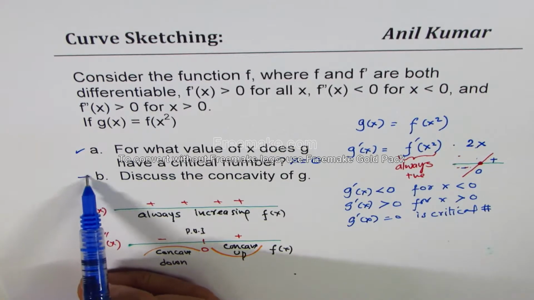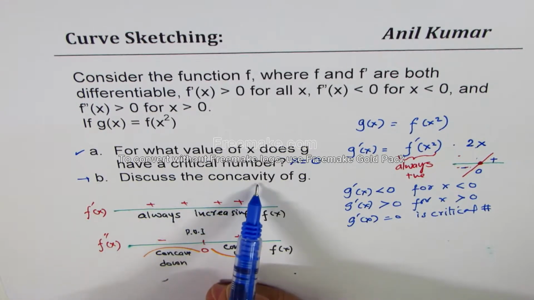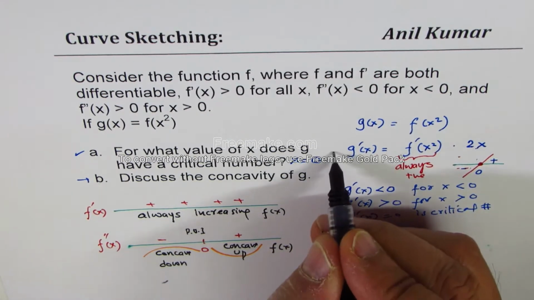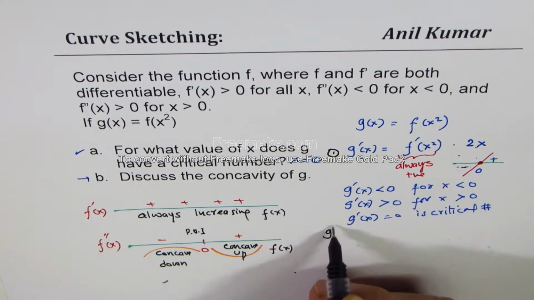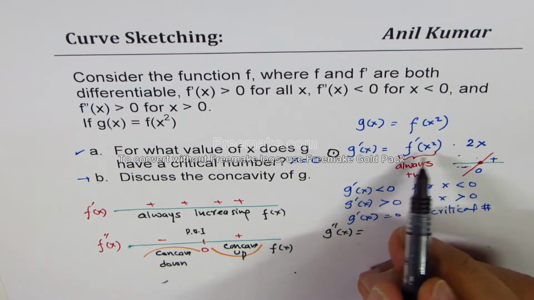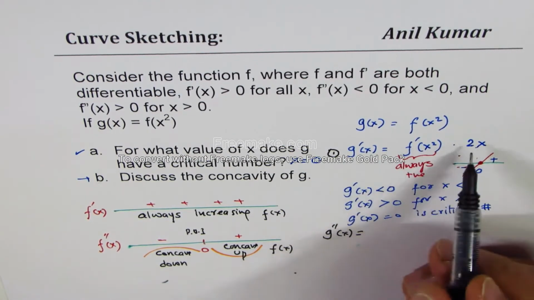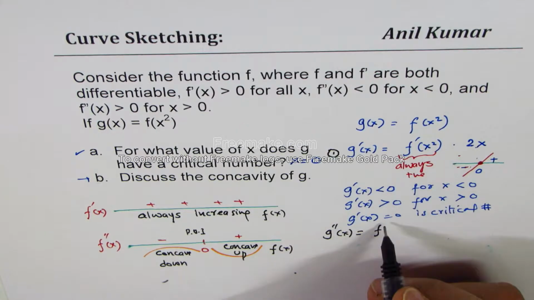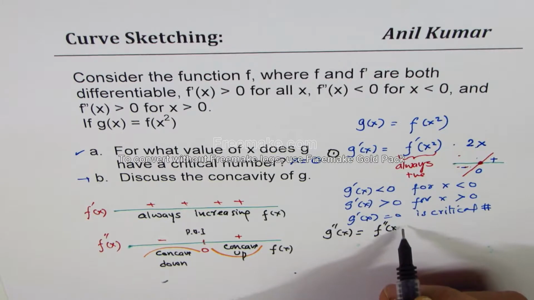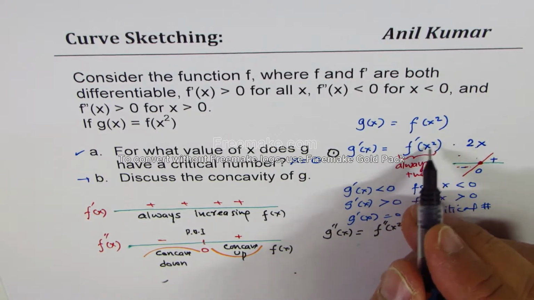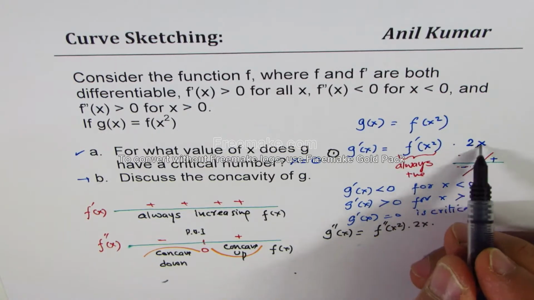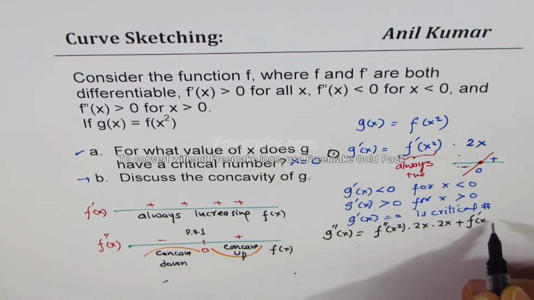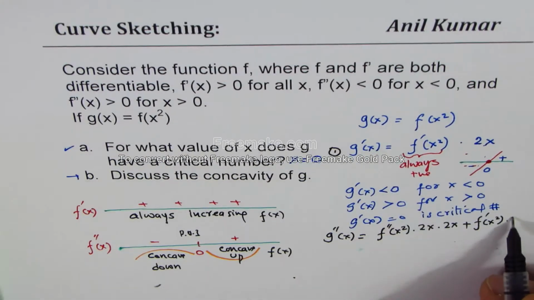Now let's look into part B. Discuss the concavity of g of x. So let's find the second derivative. We already have the first derivative here, let's say equation 1. Now we'll do the second derivative of this function. We can apply the product rule. If this is the first function, then we have the derivative of this as second derivative of x squared times inside function derivative, which is 2x, times what we have here, which is 2x, plus the first function f dash x squared times 2.